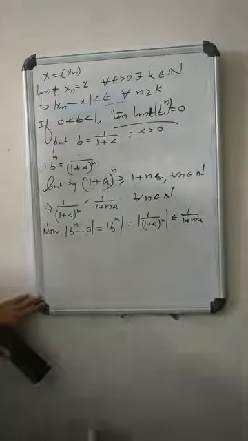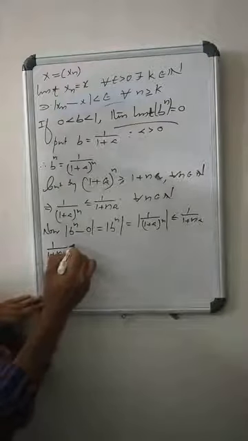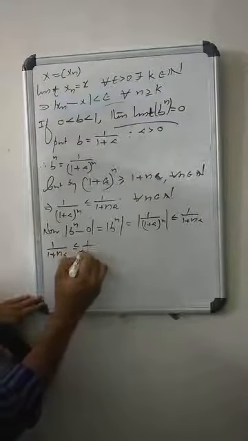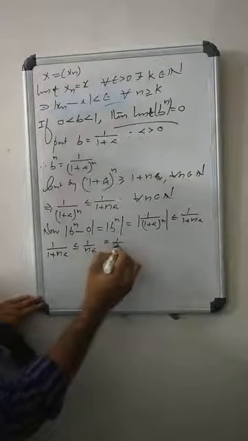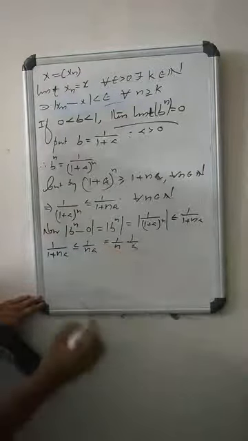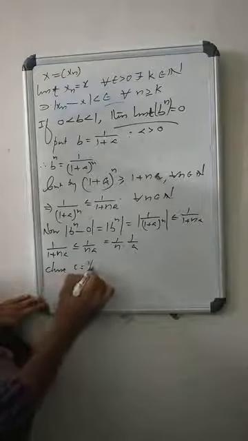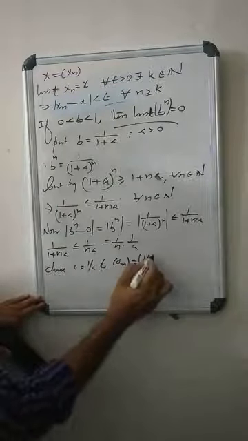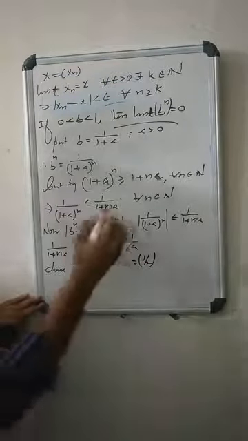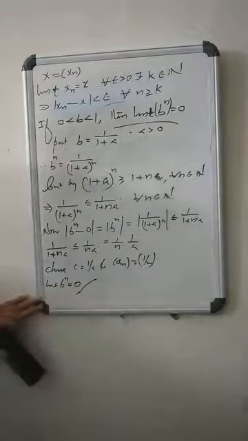But in the previous problem, you see that 1 by 1 plus n is less than or equal to 1 by n, equals 1 by n times 1 by a. Then choose c equals 1 by a and sequence an equals 1 by n. Then by using that theorem, we have limit b power n equals 0.